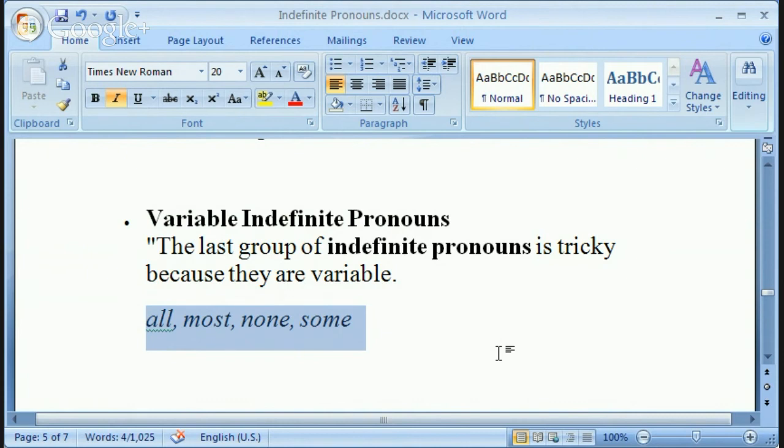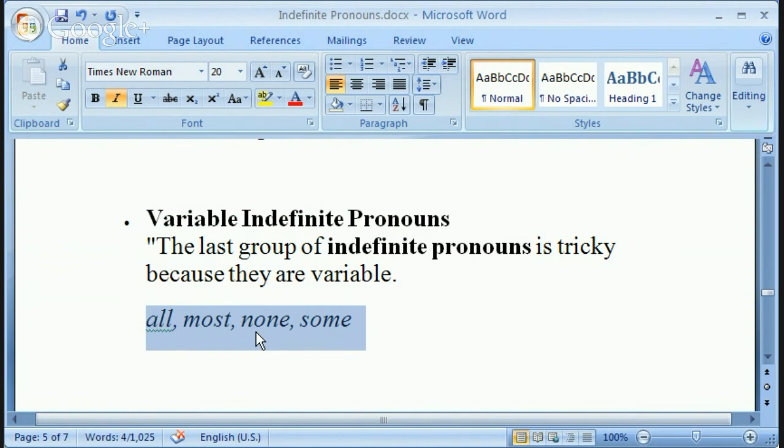I can use it for most cats are cute, most coffee is hot. You can equally use these for countable or uncountable nouns, and that causes the problem with figuring out the verb conjugation. How much coffee is there? There's none.